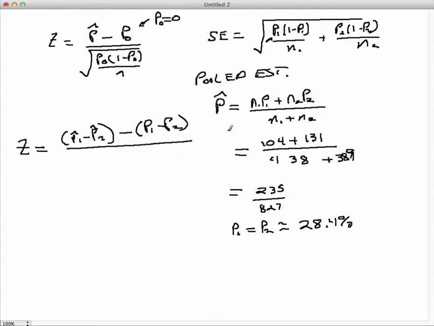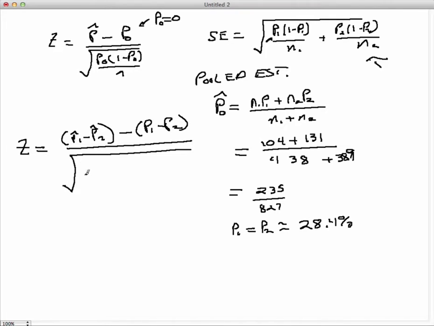And now we're going to divide that by the standard error estimate, using that p hat sub 0. We're still going to use the same formula for the standard error. It's just that we're going to replace p1 and p2 with that p hat sub 0.